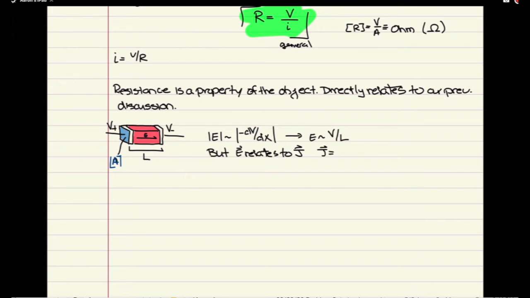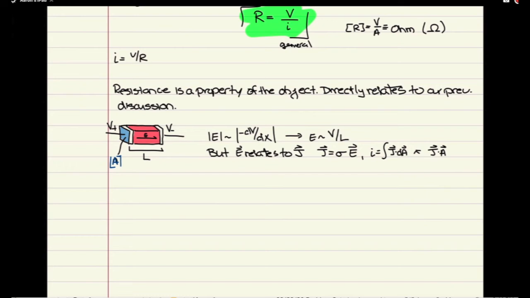We just said that J is some value called the conductivity times the electric field. And similarly, the current is just J times this cross-sectional area A.